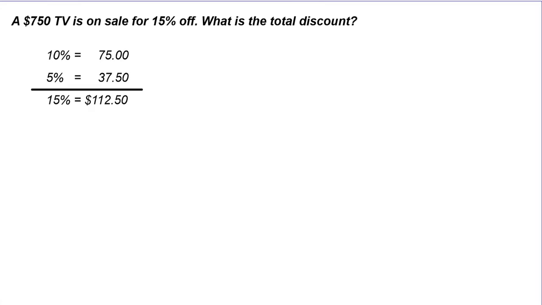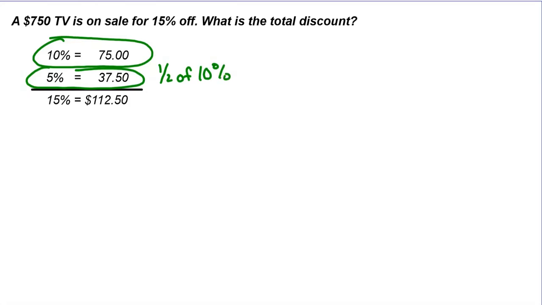Well, 10% is $75 because that's 1/10 of 750. And then 5% would be half of 10%. So I just take half of the 10% that I found. Half of 75 is $37.50, and then I add those two together to give me a total of 15%, which would be $112.50. So $112.50 is going to be the discount on this TV. So I could go ahead and subtract that from the price to find out how much the sale price is.